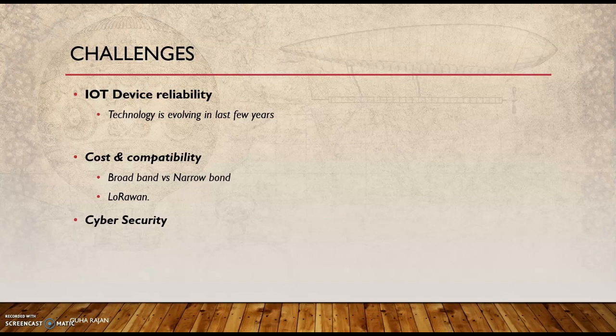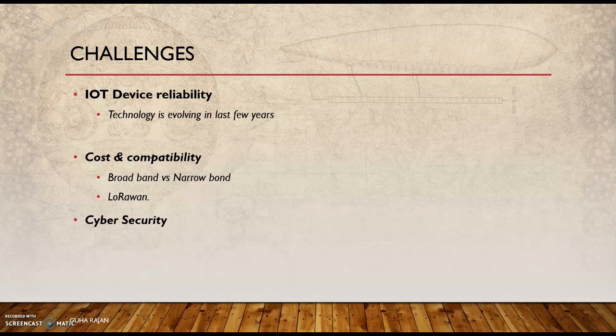Though it is reliable these days, it's been more than 8 years since it was introduced as Raspberry Pi 1, and now we are at Raspberry Pi 4, which has higher compute capabilities, better RAM, better stability, and so forth. But still, it is evolving. So reliability is one factor. I think over a period of time you will get there.